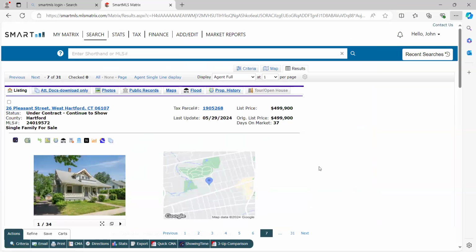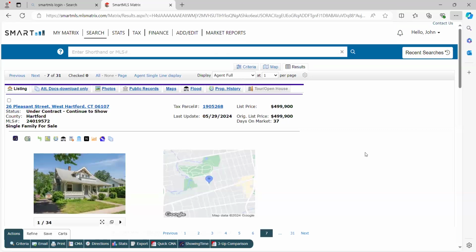So it's been on for 37 days and it's still at 500,000.